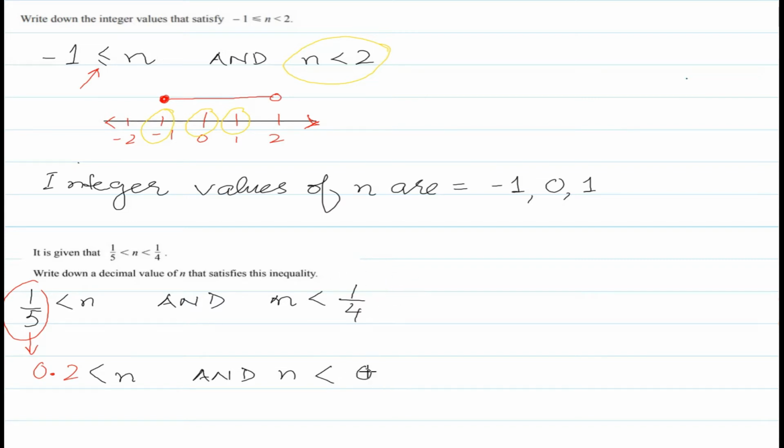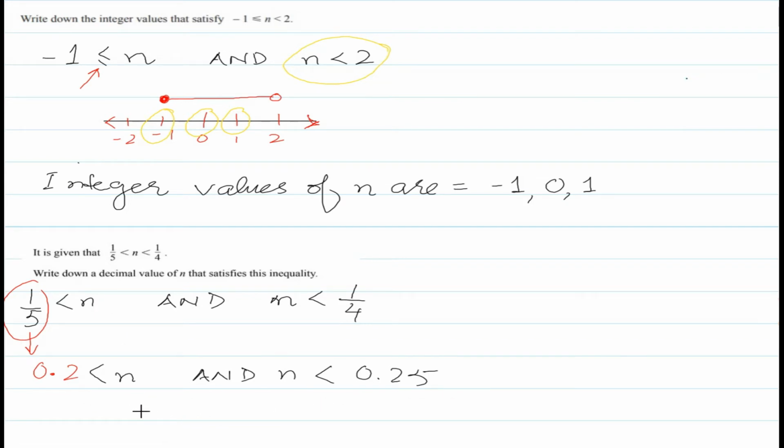This is 0.25. So if you look at the range, n should be more than 0.2 but less than 0.25. In this question you are asked to write any decimal value from this range. So you can write any decimal number between 0.2 and 0.25.